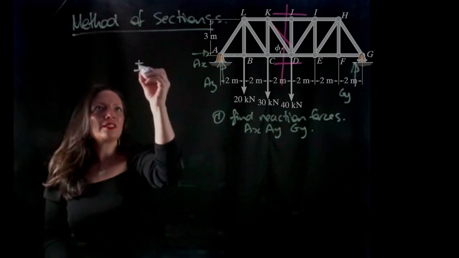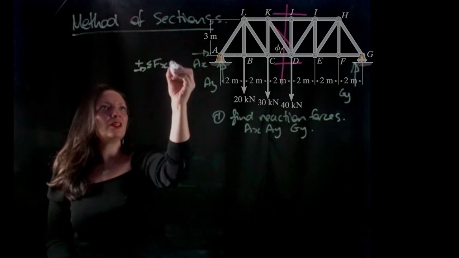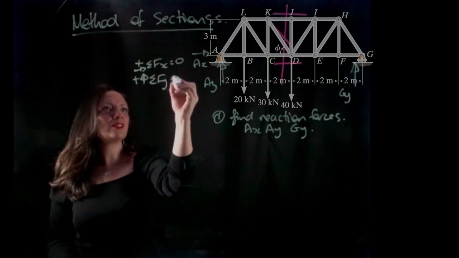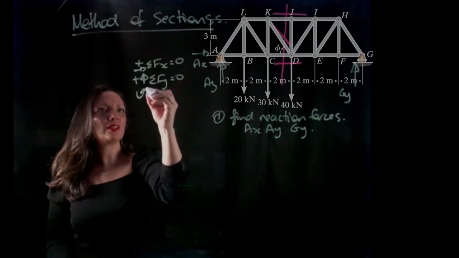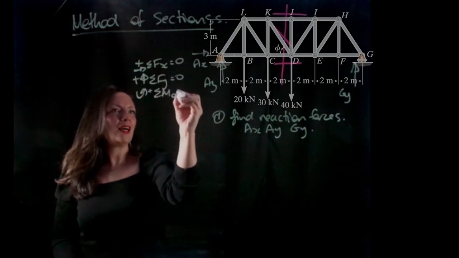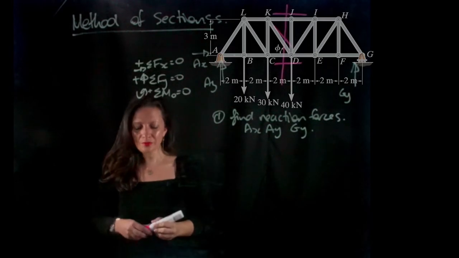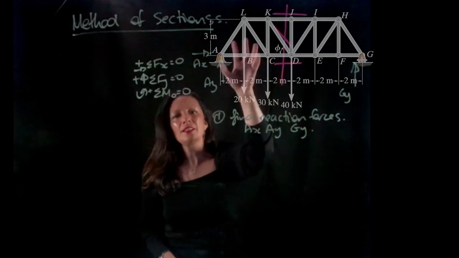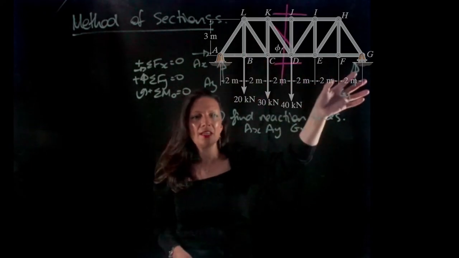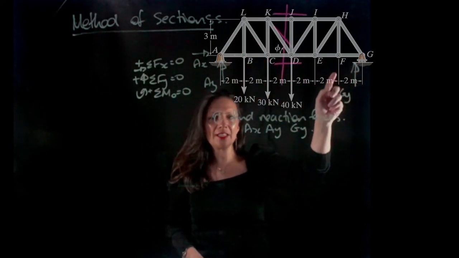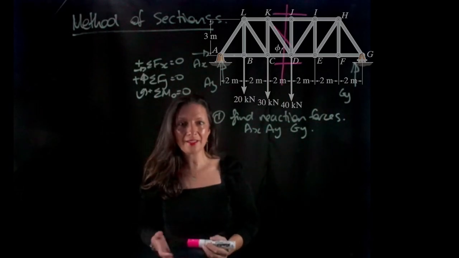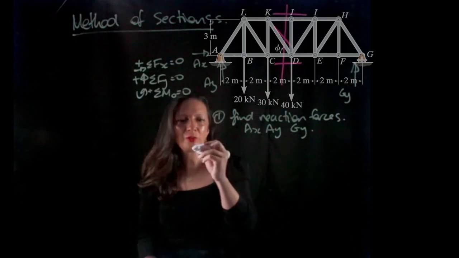Sum of the forces in the x direction equals 0. Sum of the forces in the y direction equals 0, and sum of the moments around a point has to equal 0. So to find our force at GY, we need to take the sum of the moments around A. And I'll just draw a quick free body diagram.